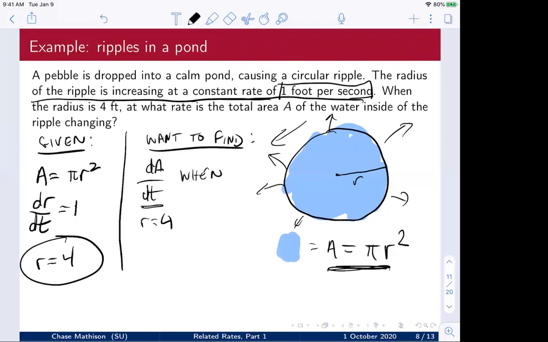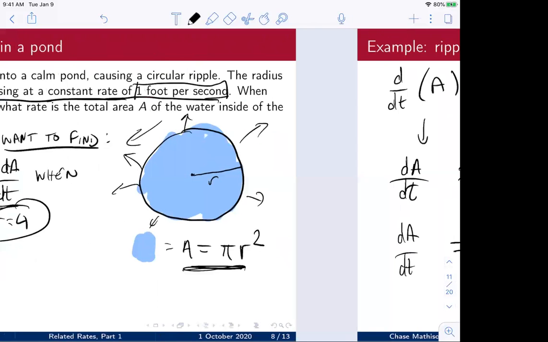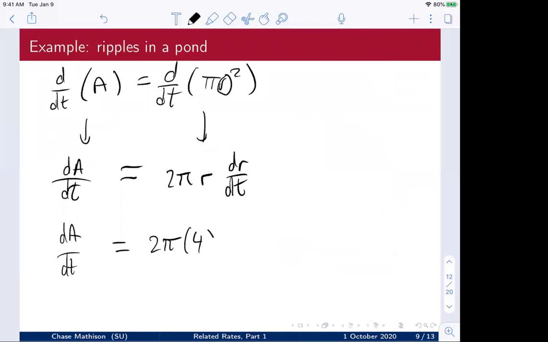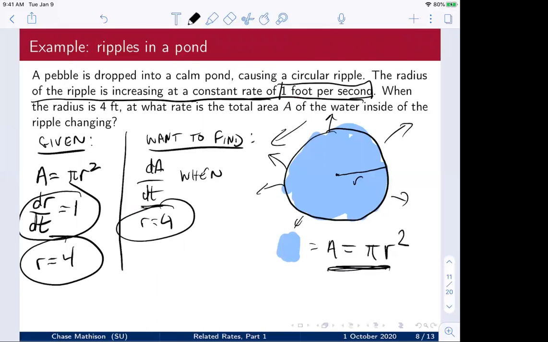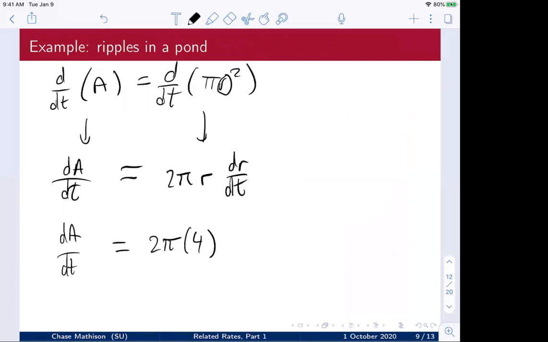We care about this at the moment that r is equal to 4. So 2 pi times 4 times dr/dt. Well, dr/dt is just 1. Okay, so dA/dt is equal to 8 times pi.